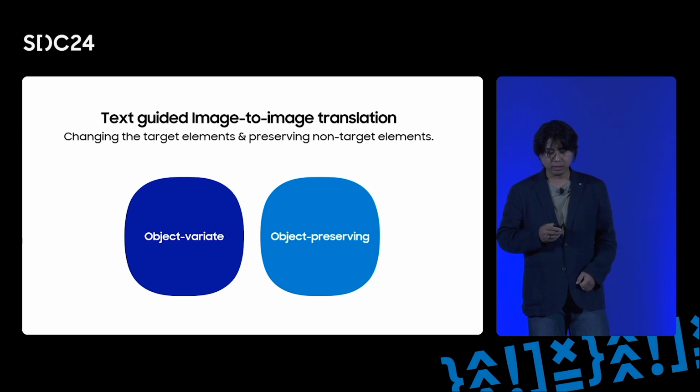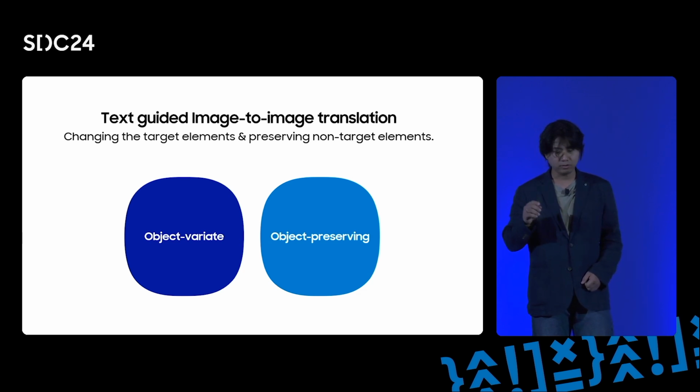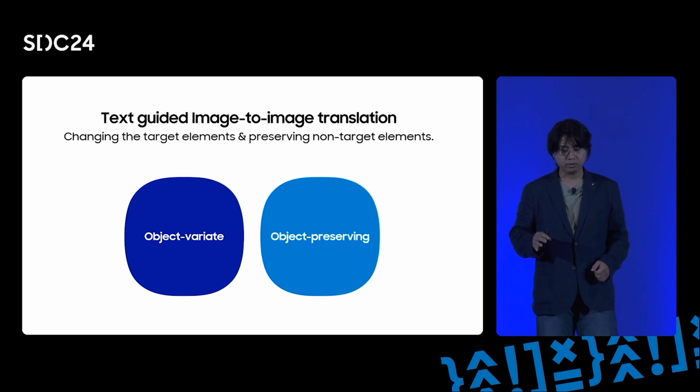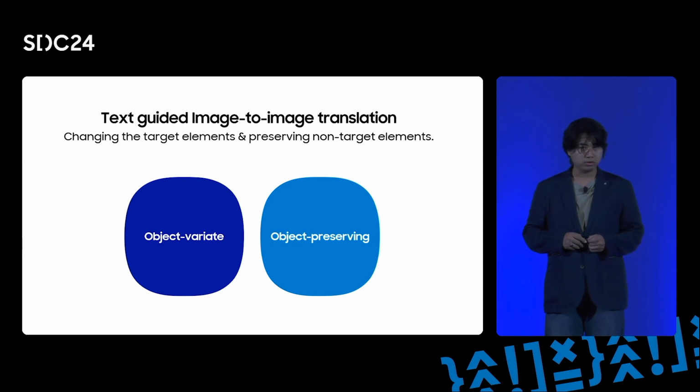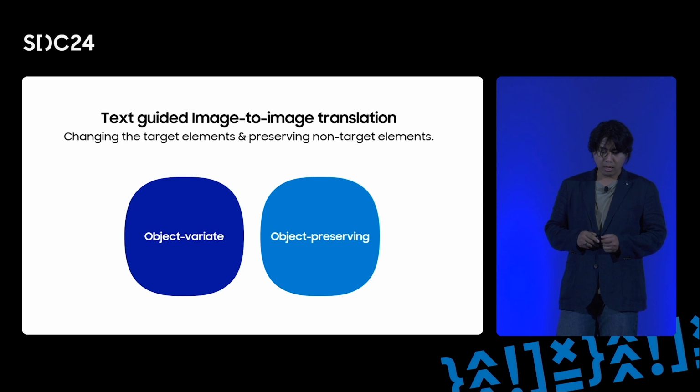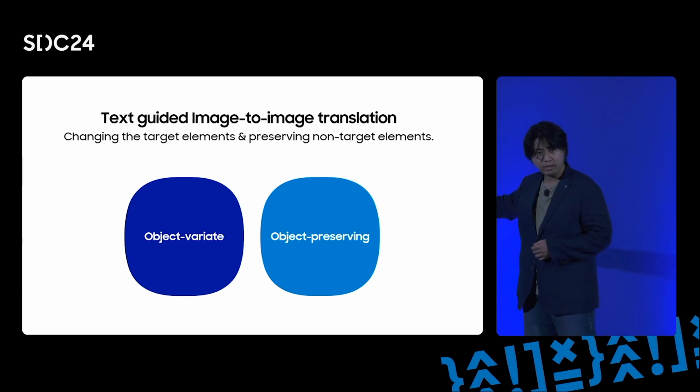However, in the object preserving task, the main object's identity, structure, and detailed features should be maintained. At the same time, the background or the style of the source image is modified well following our text instructions. Our wallpaper translation is the latter, an object preserving task.